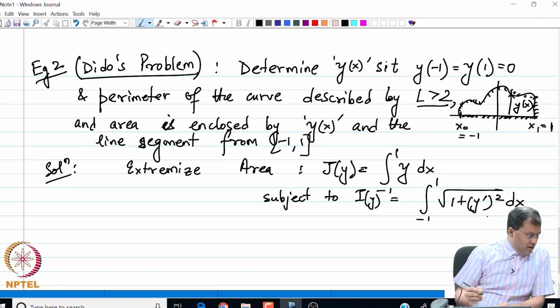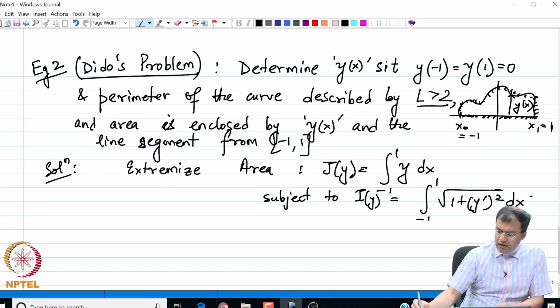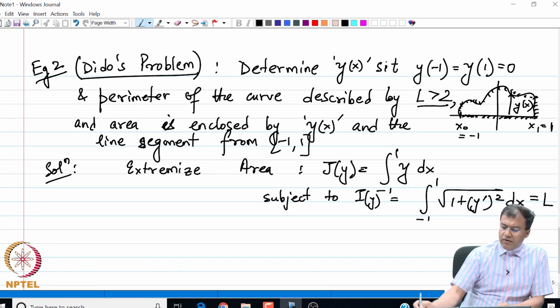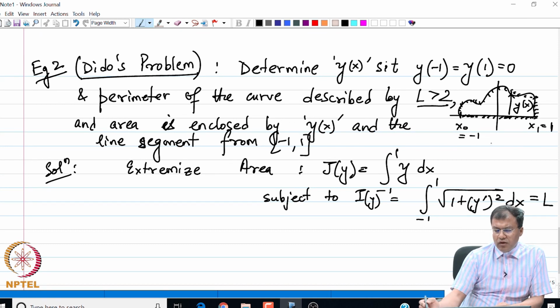The total length is given to be L, so this is fixed. Since we have already taken care of the fact that L is greater than 2, we have removed certain abnormal situations where the extremal does not exist or is not unique.